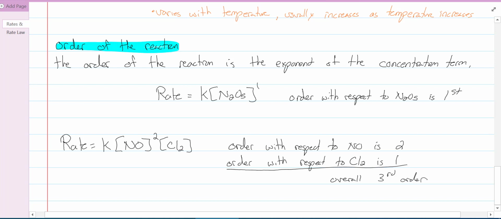Okay? So this reaction order is very important, because if I want to make this rate faster, I can heat it up. Usually heating it up does. But there's a certain limit to how hot we want to operate things.